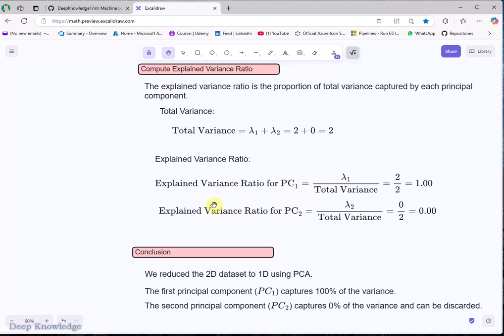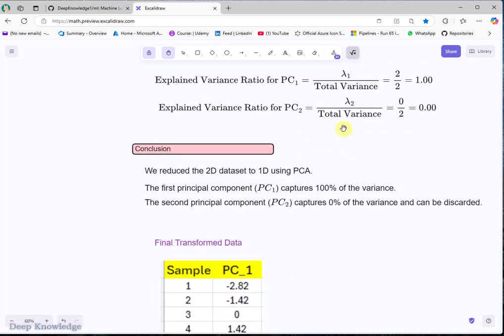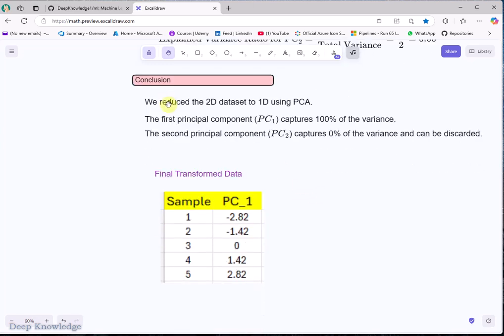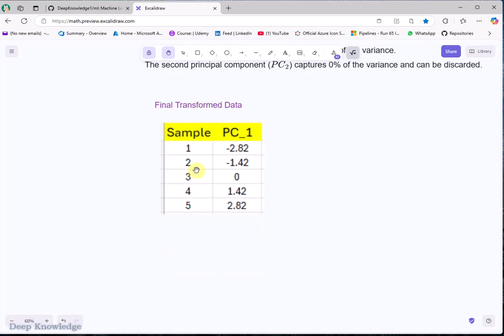The principal component analysis represents the whole data with 100%. This is not usually the case, because we just have a small data set. But in your case, it might be 10%, for instance, 90%, and the next one 2% or 30%, I don't know. And some other principal components will be 0, so we will ignore those. So now, as you can see, we reduced the two-dimensional data set into one principal component, and this principal component captures 100% of the variance, and the other one will be 0.